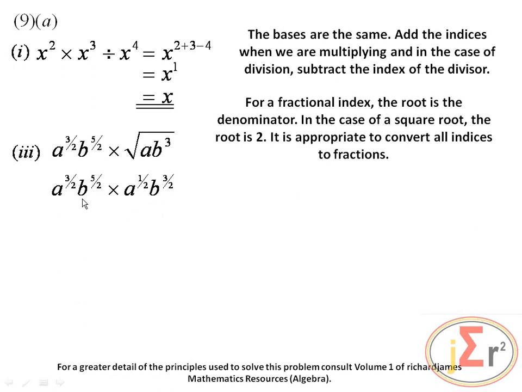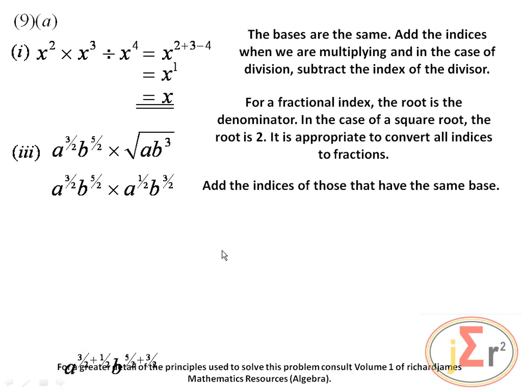In this multiplication relationship, we will add the indices of those that have the same base. So in the case of a to the power of 3 over 2 and a to the power of 1 over 2, we will add those because they have the same base, and also in the case of b. So we will have a to the 3 over 2 plus a half and b to the power of 5 over 2 plus 3 over 2.